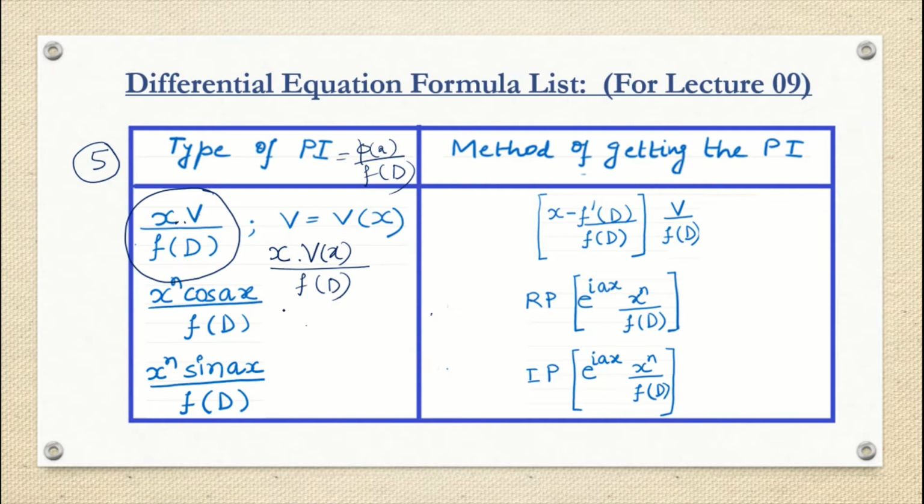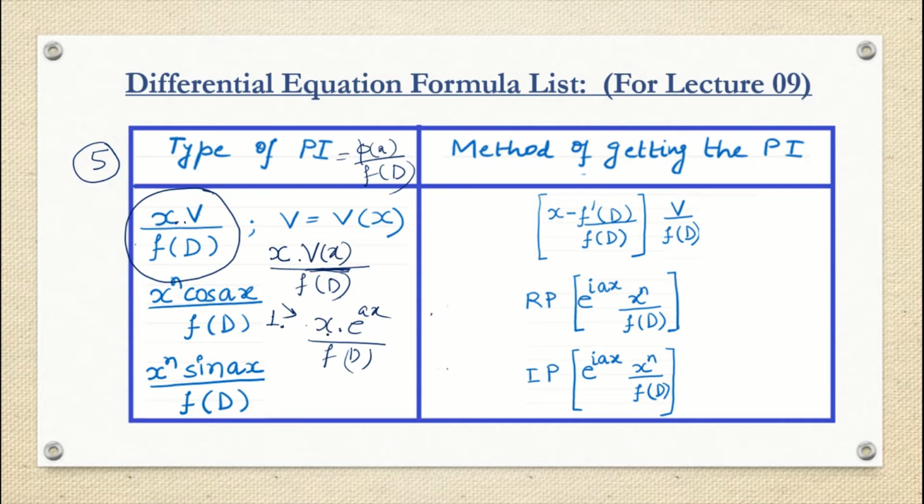I'm starting with all those variations of V of x, that V of x can contain which all functions. So if I'm starting with the type 1 case, that means if you think that x into e raised to x is present and then f(D) is there, so what type is it? Always you start with type 1. Now you will say that this is not my type 1, because this e raised to x is there along with some x also, right?